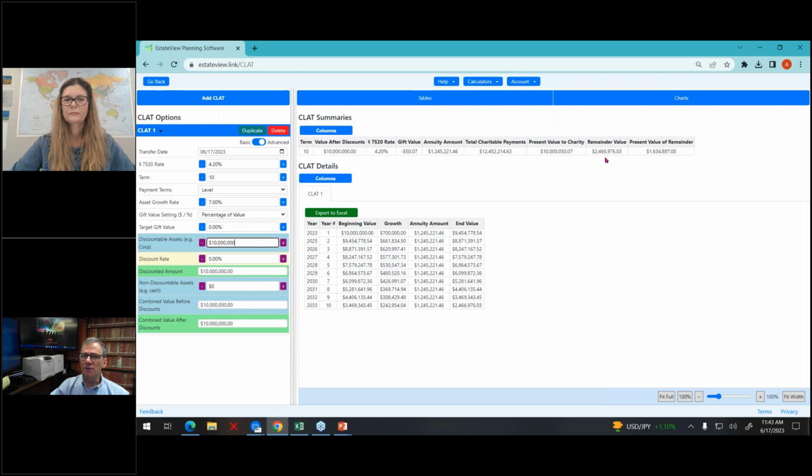So let's walk it through this way. I don't have family. I don't like anyone but me and charity. So I put $10 million in the CLAT, and it's going to pay charity $1,245,000 a year. At the end of 10 years, it comes back to me. When I set it up, I get a $10 million income tax deduction.